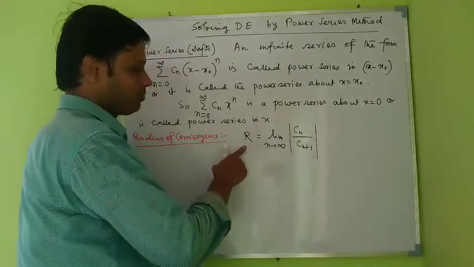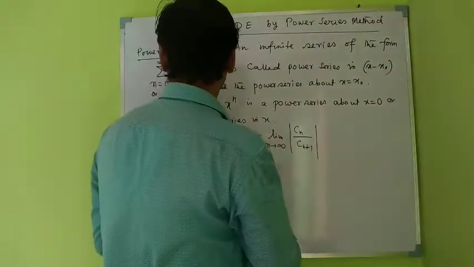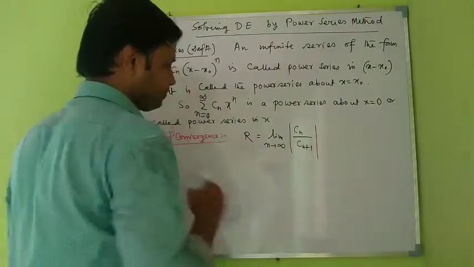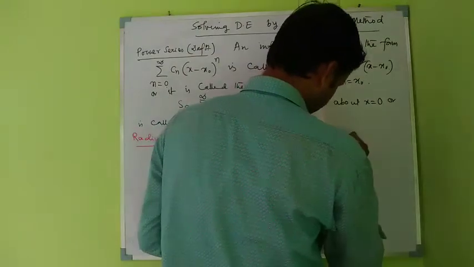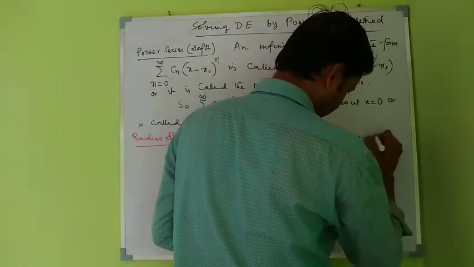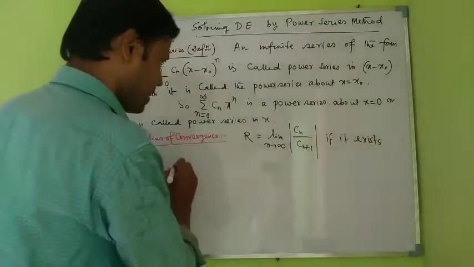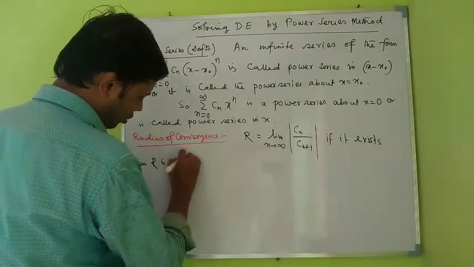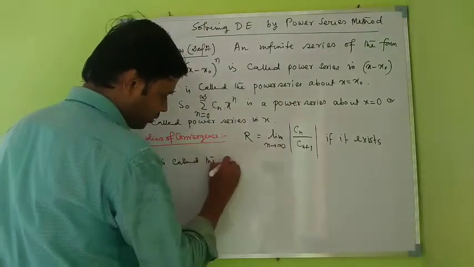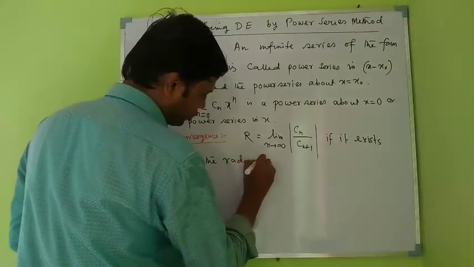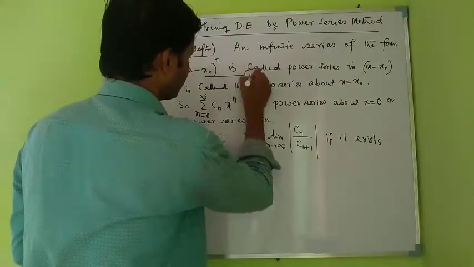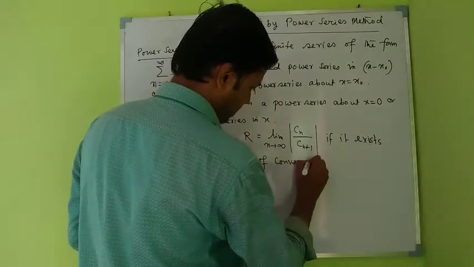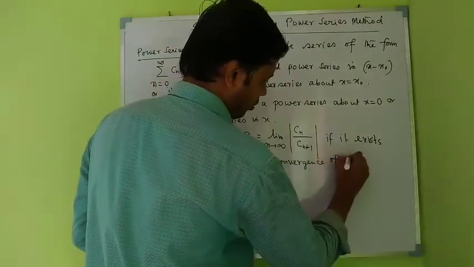If this limit exists, then R is called the radius of convergence of this series.